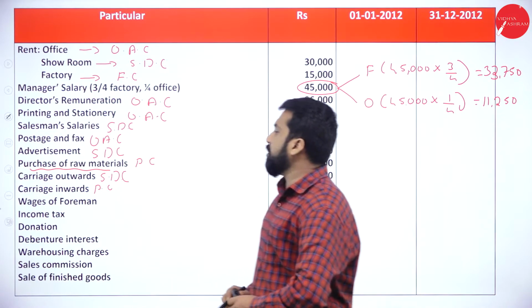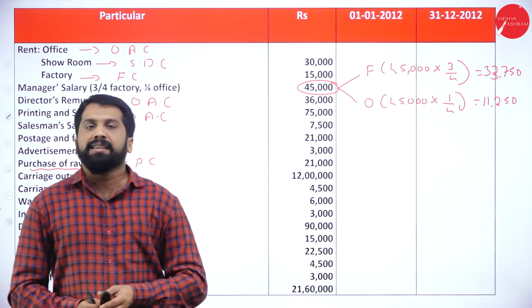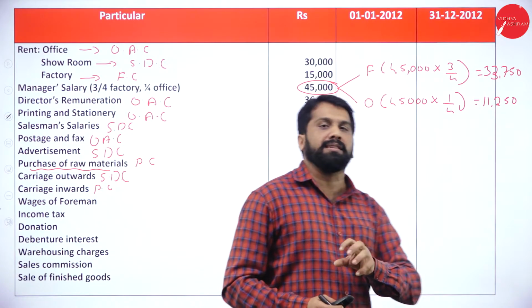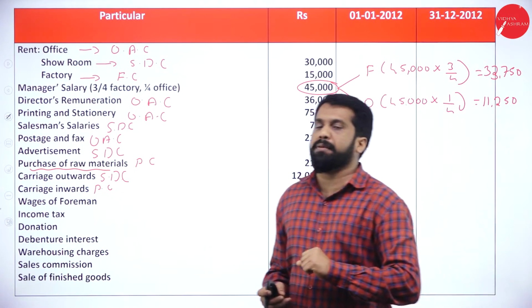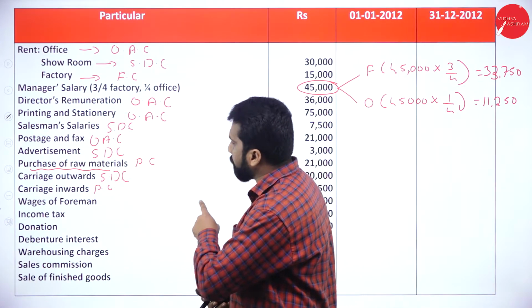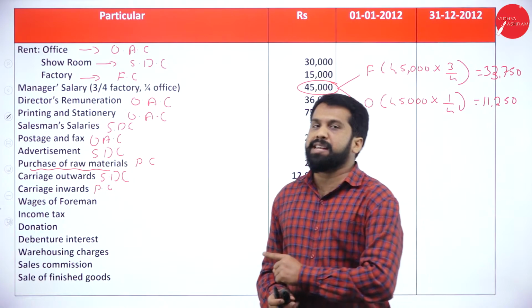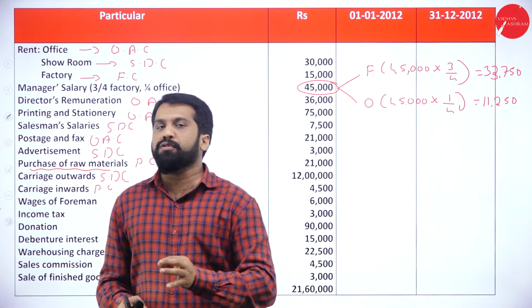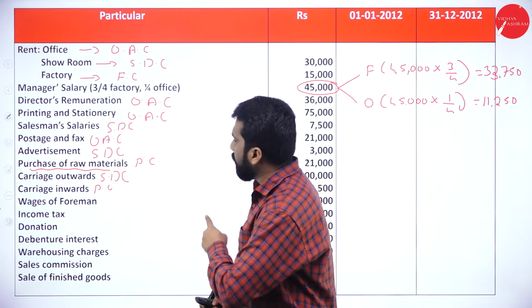Next, wages of foreman. Who is called a foreman? He is nothing but a manager who is an expert in that kind of work. If there are 4 or 5 laborers, this person will manage all those laborers and take care of them. If they need any guidance, it will be provided by whom?